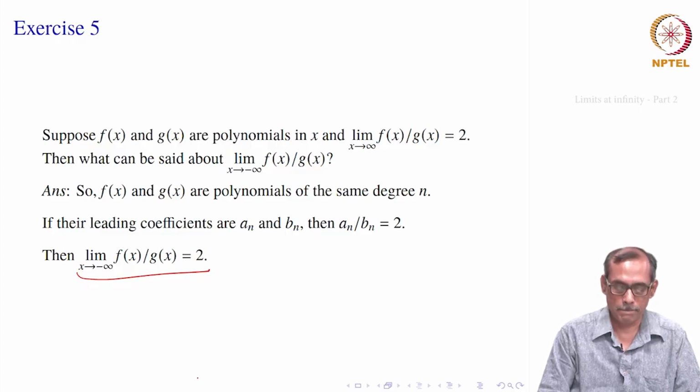Okay. You can also try substituting x equal to minus x, and then minus 1 to the power n will be on the top and minus 1 to the power n will be on the bottom, they will cancel and you get again a n by b n, which is equal to 2. That is also an alternative way of doing it. So, let us stop here.